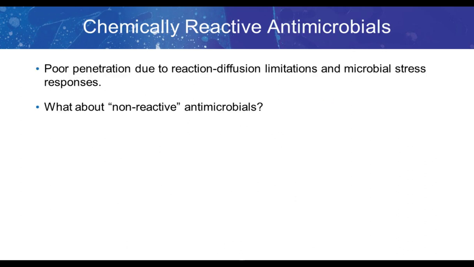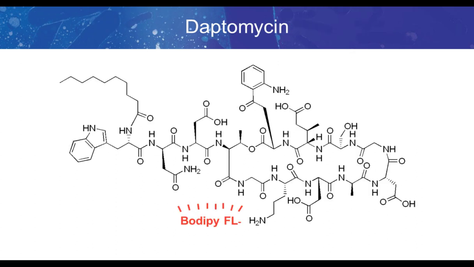So just in summary, with these chemically reactive antimicrobials, we can get poor penetration due to both reaction diffusion and stress response. And so now I want to talk about non-reactive or less reactive antimicrobial agents. In this case, I'm using the example of daptomycin, which is an antibiotic that's often used to treat staphylococcal infections.